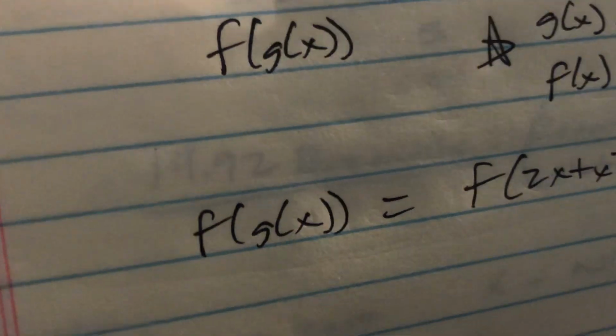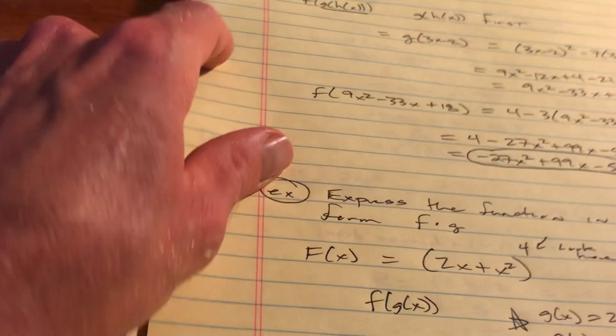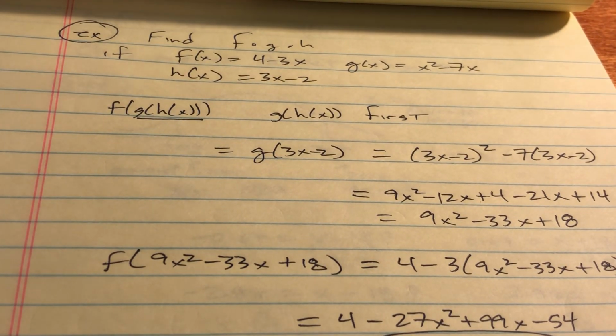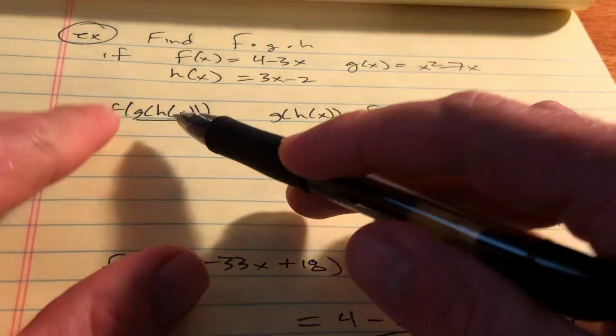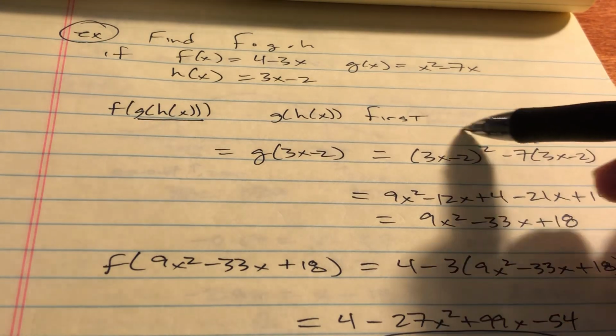Two more questions. So this is one that I think you'll see on homework and definitely a quiz and test this chapter. Find f of g of h. Whoa, this might be the first time we've done that. Or maybe tried one earlier. So f of x is that, g of x is x squared minus 7x, h of x is 3x minus 2. So f of g of h of x, we need to figure out what g of h of x is first.